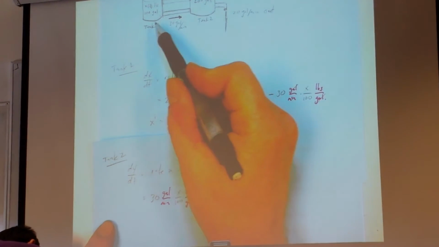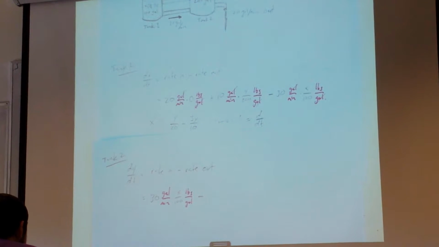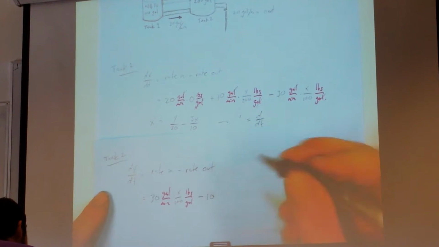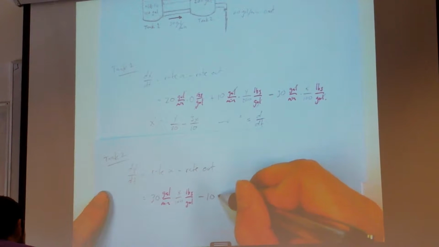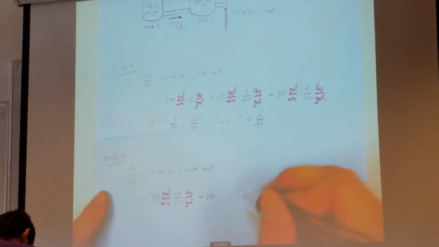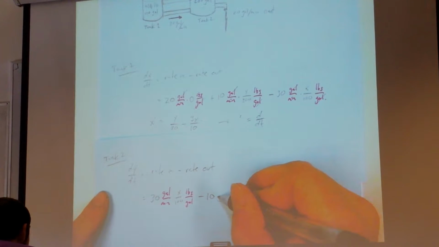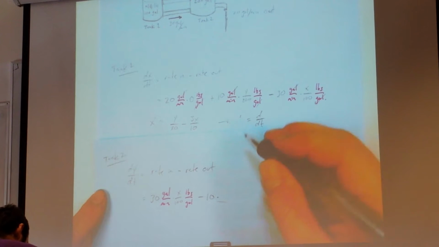Okay, so that's the in, and what about the out? 10, and can I ditch the units for a moment now? Imagine that the units are here. And times y over 200. Oh, right. 10 times y over 200.